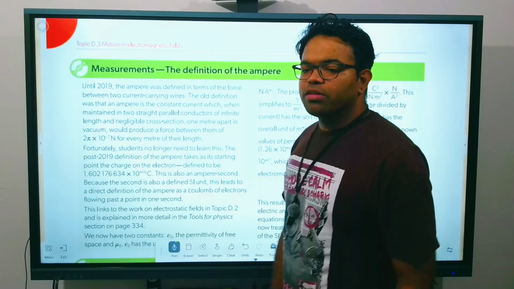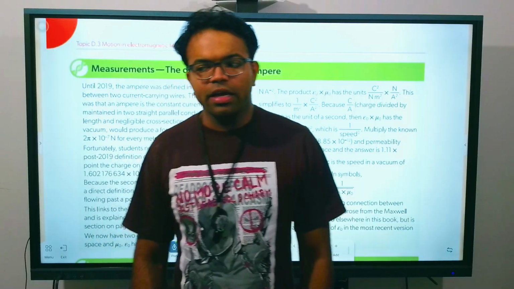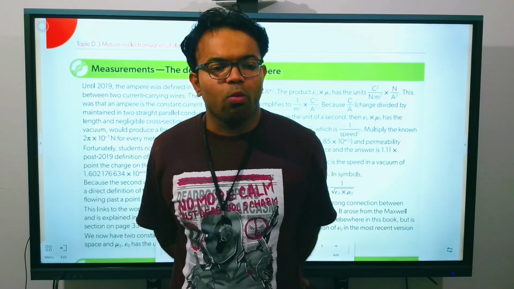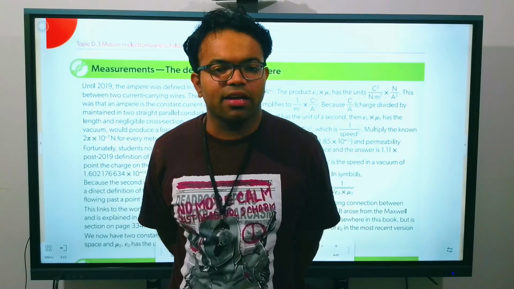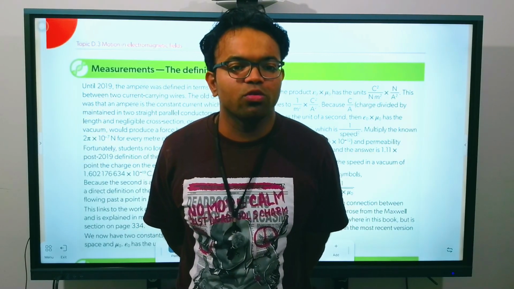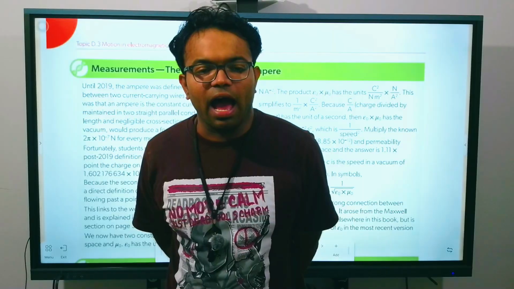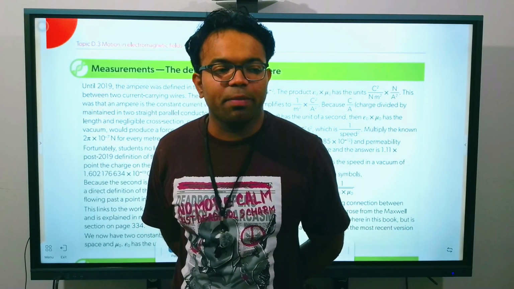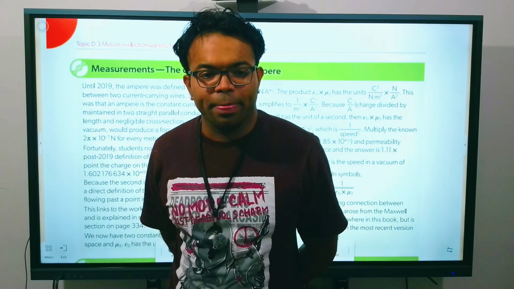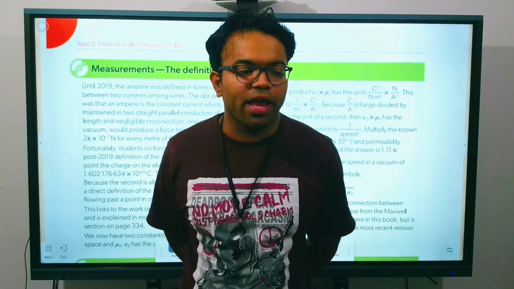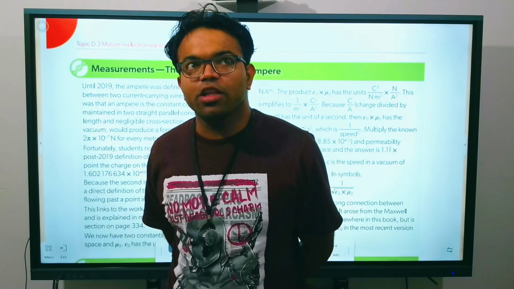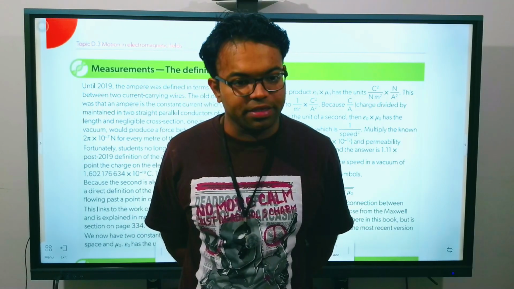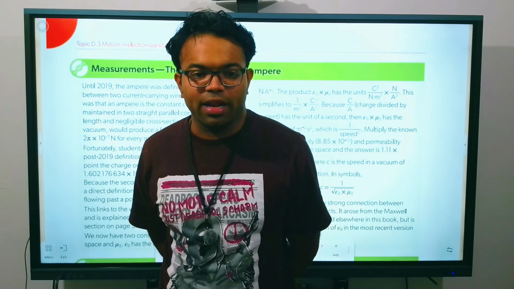What was the definition that I taught you yesterday? 1 ampere is defined as the current that flows between two straight conductors separated by a unit length. If the force on the wires is 2 into 10 to the power minus 7 newtons per meter, then the current is called 1 ampere.